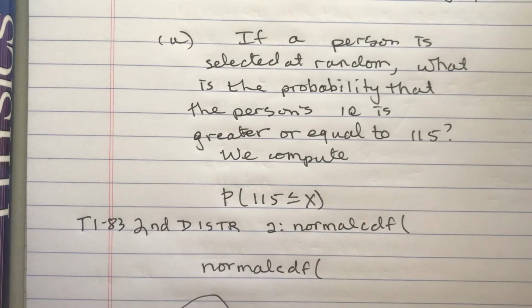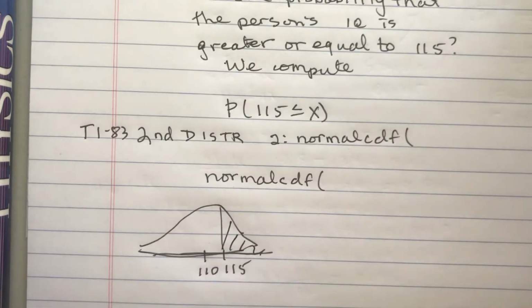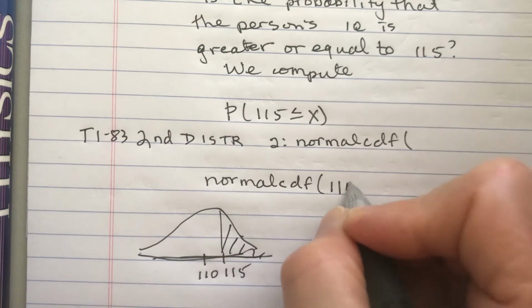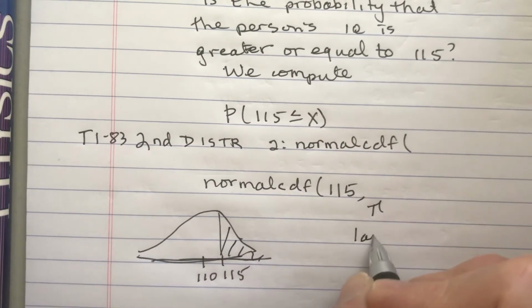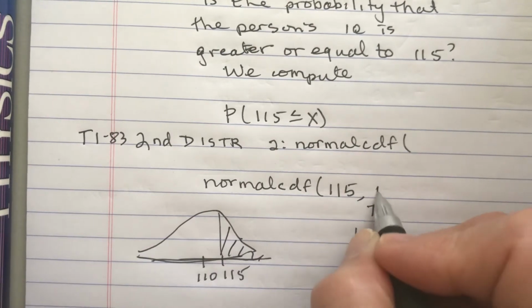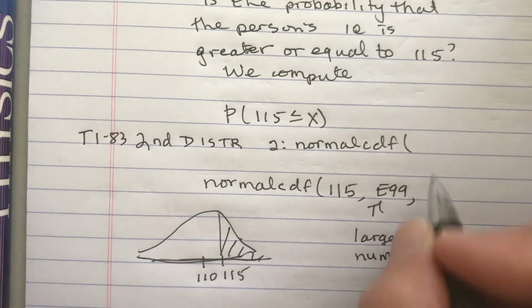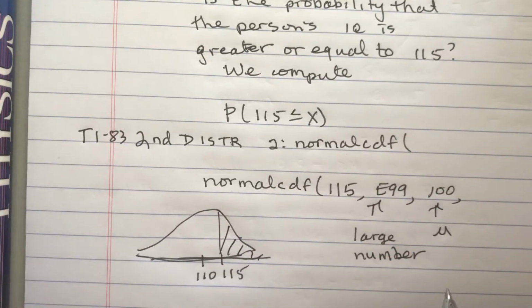Here's the mean, and I'm trying to find that area right there. So I put the left endpoint 115, and the right endpoint should be a large number. I'll just pick the biggest number I can put in the calculator. I'll put E99, and then I'll put the mean, which is 100.